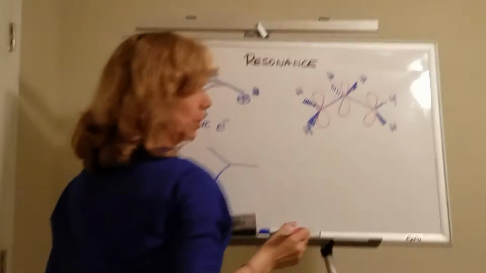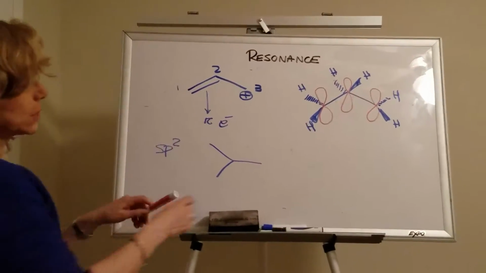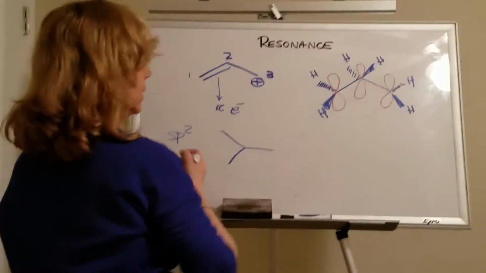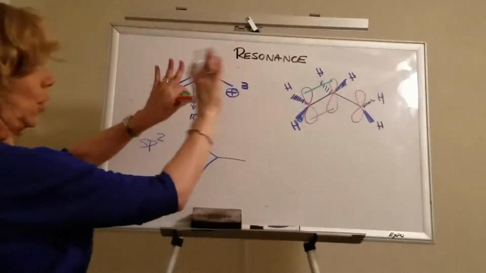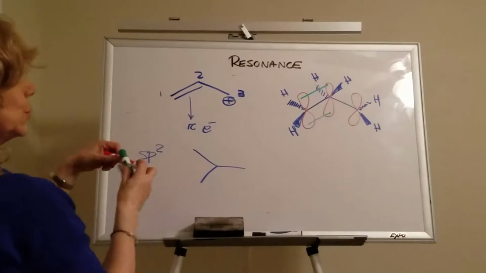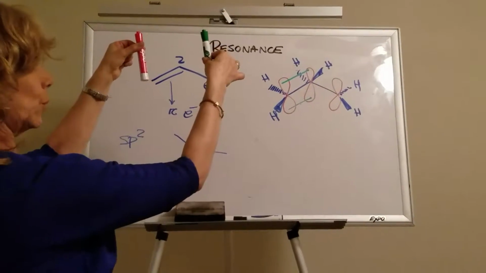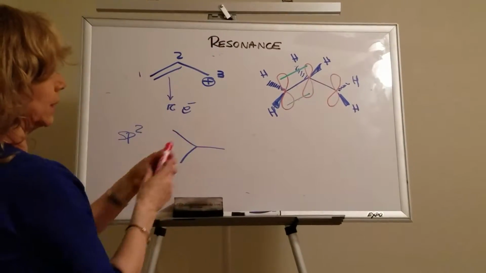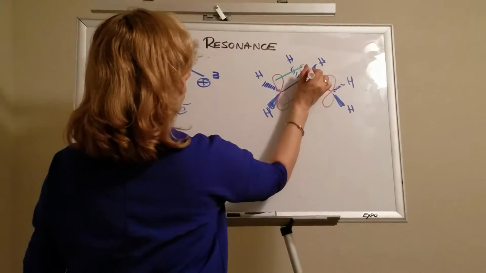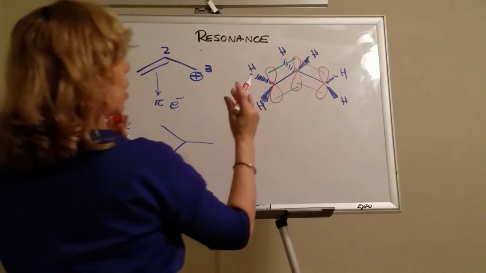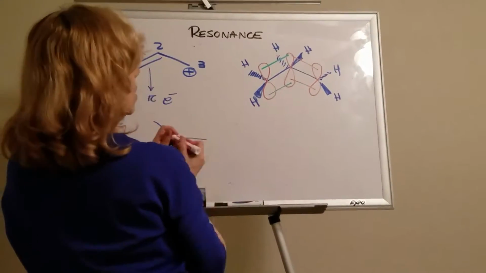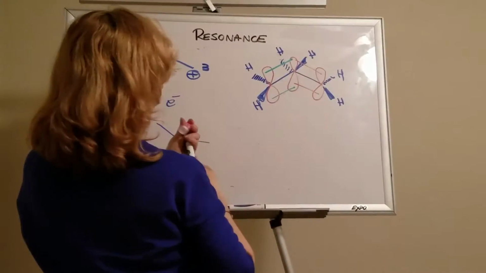So all of those are parallel. If we have these orbitals parallel, we can say that we have the pi bond, which is formed by the lateral overlap of the two unhybridized p orbitals, but we could also say that we can form that pi bond on the other side. That means that those pi electrons are delocalized between carbon 1, 2, and 3.